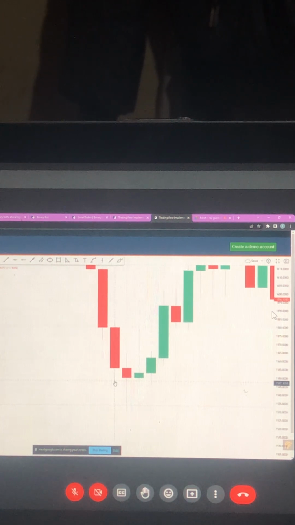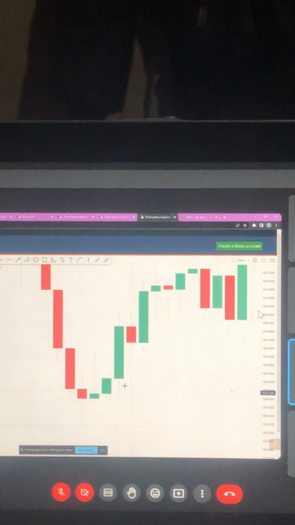Now if we look at this on the smaller time frames, maybe 1 hour or 30 minutes, let's say this is support, a support to drop down to. And then what happened?